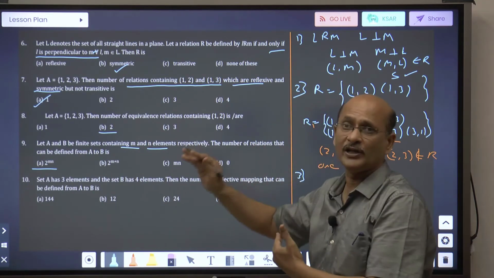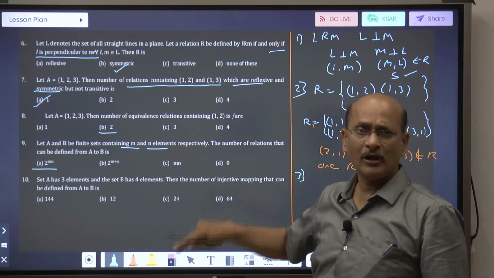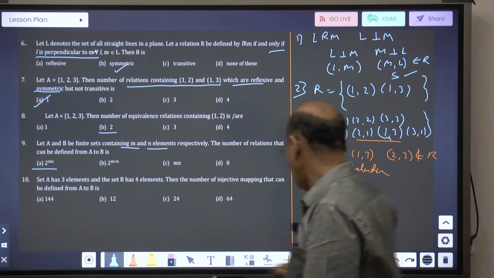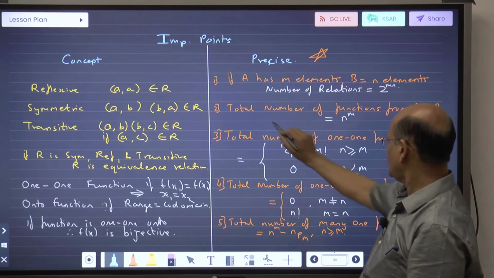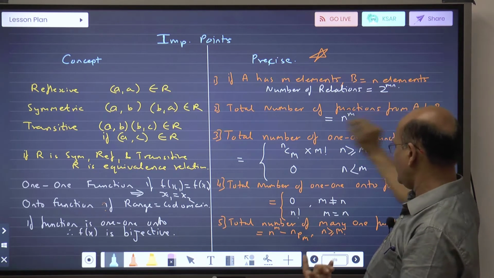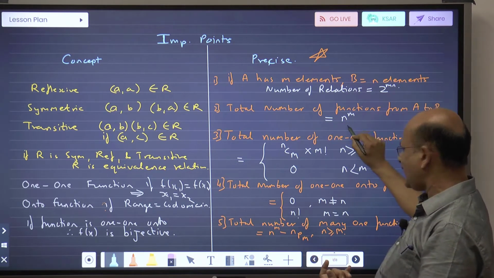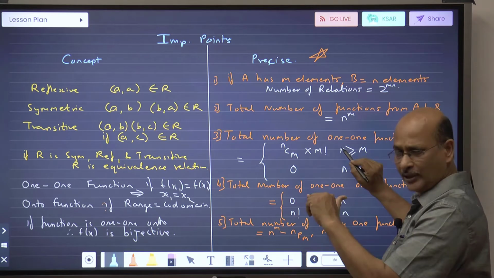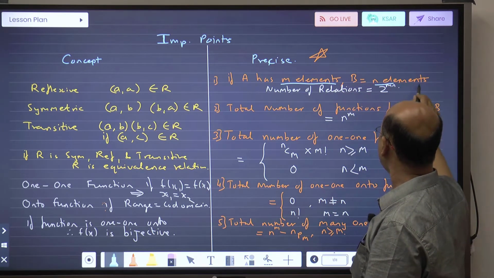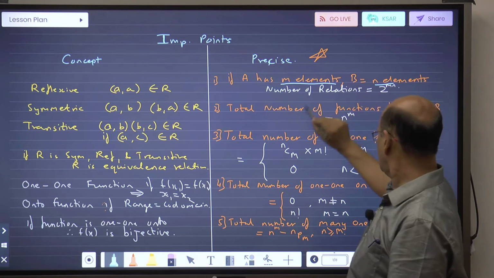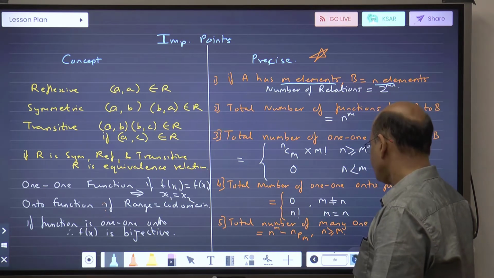The number of relations is 2 raised to mn and the number of functions will be n raised to m. The total number of relations is 2 raised to mn and the total number of functions from A to B is n raised to m, not m raised to n. Remember, A has m elements and B has n elements. Keep that in mind. So n raised to m.